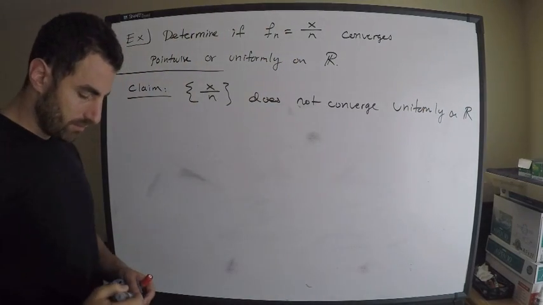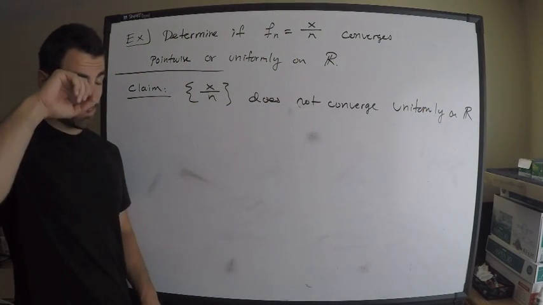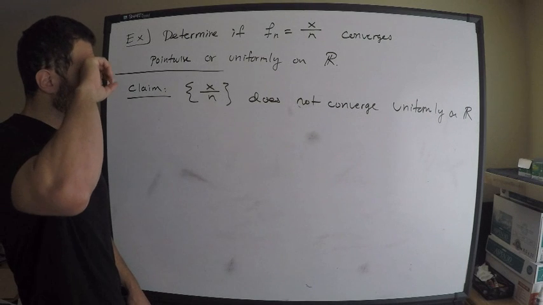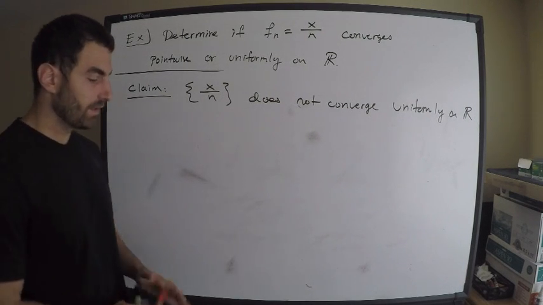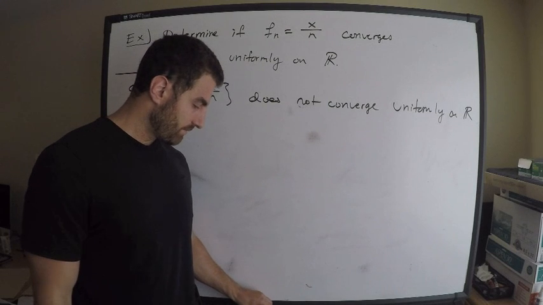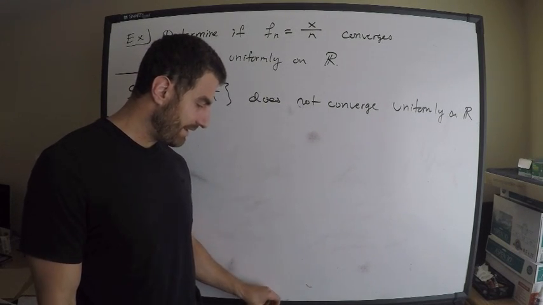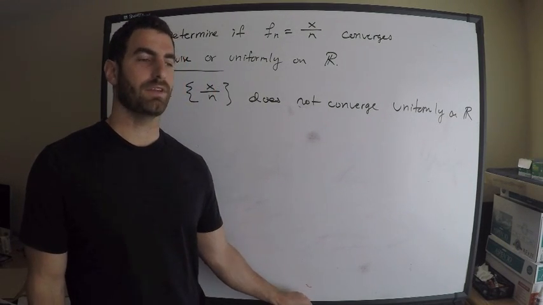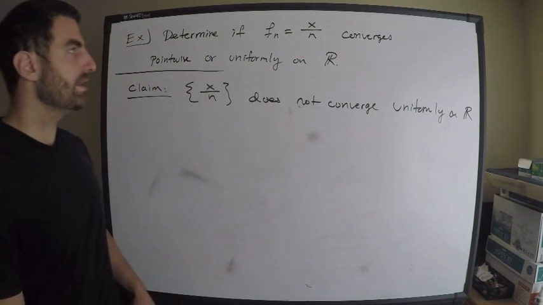So here's what we can do. I need to be a little careful with the logic here again. To show that it does not converge uniformly, we need to find an x, and it can be variable.